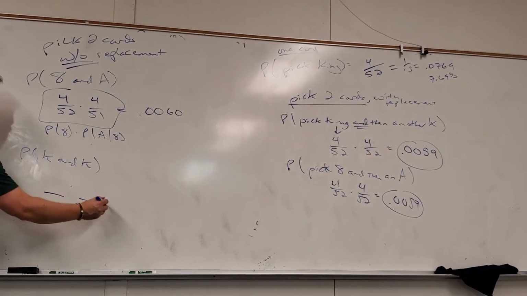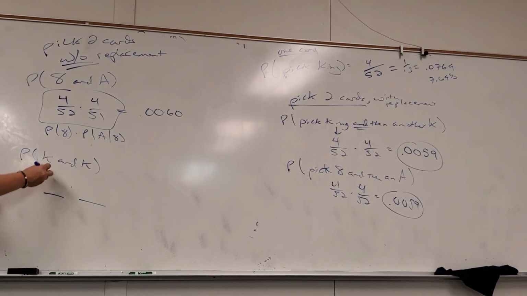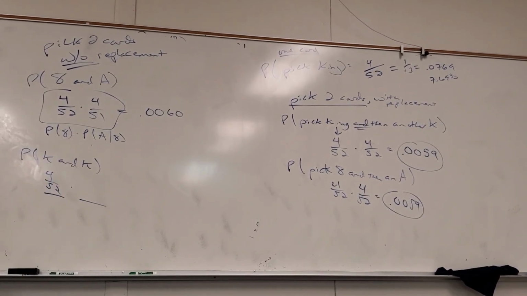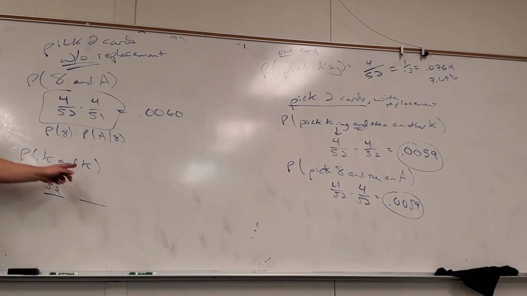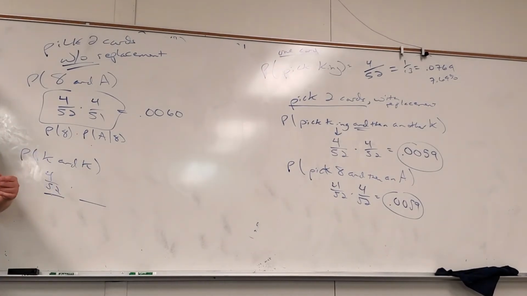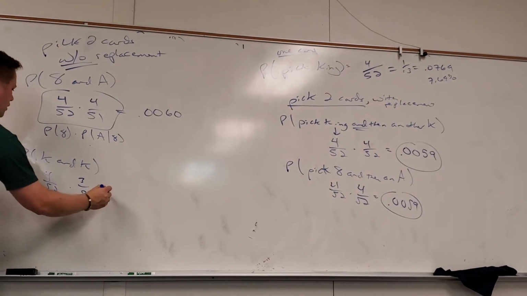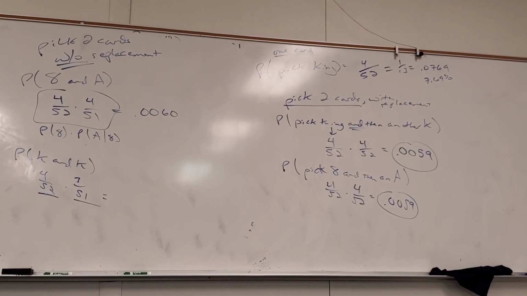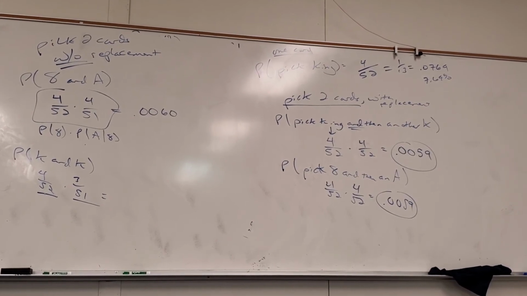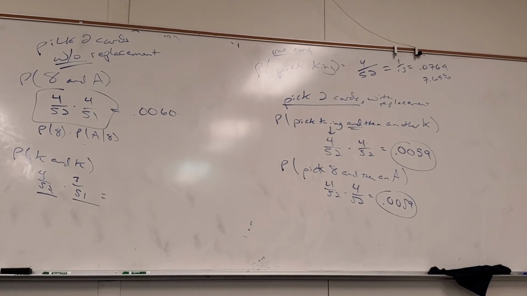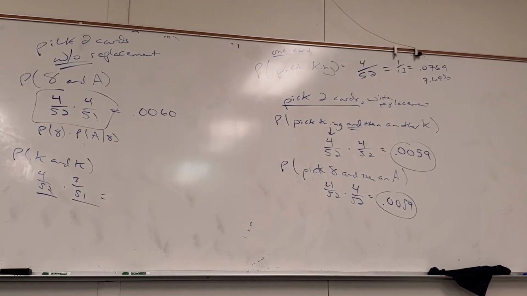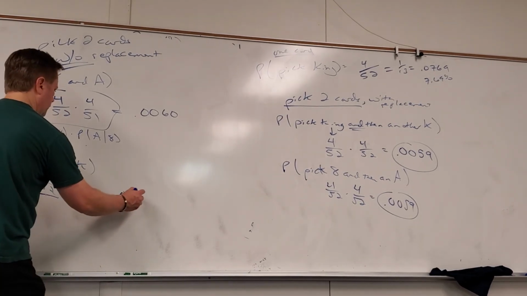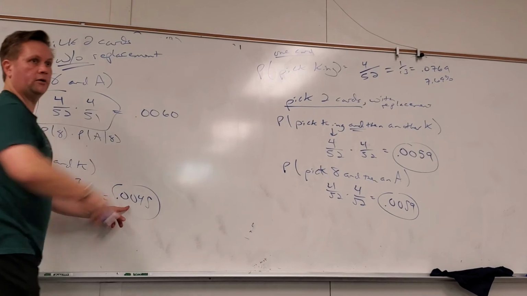I got 2 spots, something and something else. The probability of the first guy is 4 out of 52. Then I throw that one away. Okay. Let's get another king now. How many kings are left? 3 out of 51. And that one's definitely going to be different. It's 0.0045. And that definitely changed quite a bit, right?